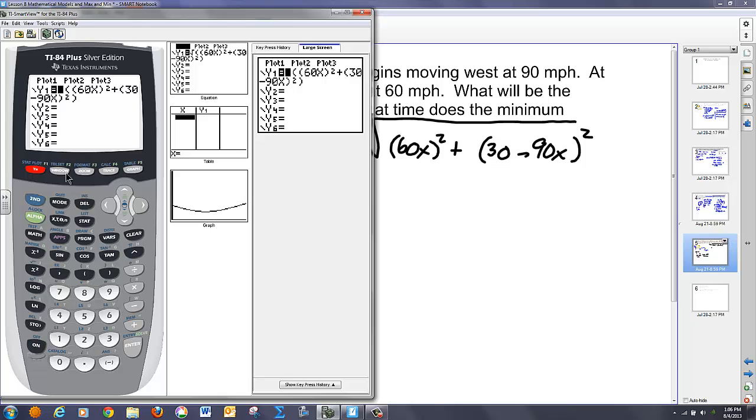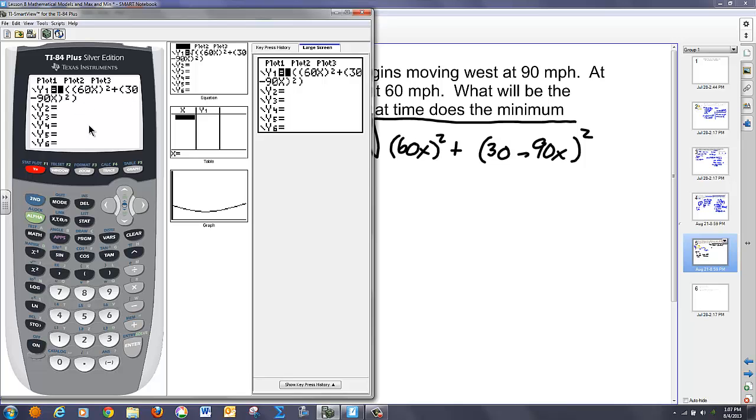Graphing this is not necessarily tricky, but you've got to think about what the key terms in this equation are. We don't want to see negative values for distance. So you'll notice I have this 30 minus 90x piece in the graph. If I use x, which is time, as 1, and I'm talking about hours, then 1 hour is going to provide a negative value.